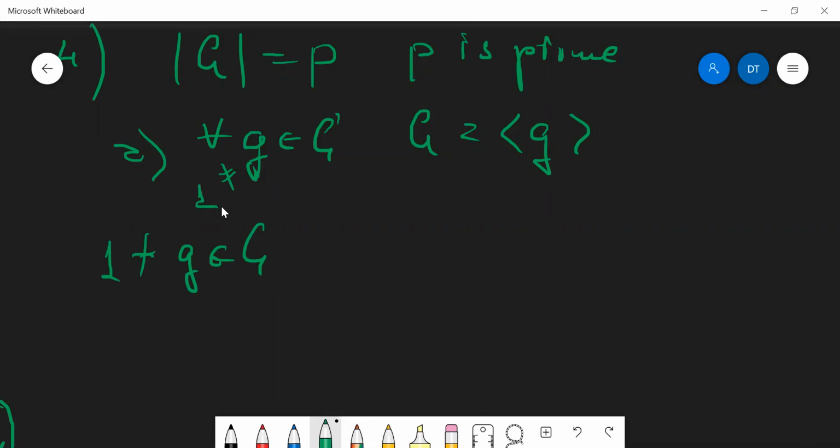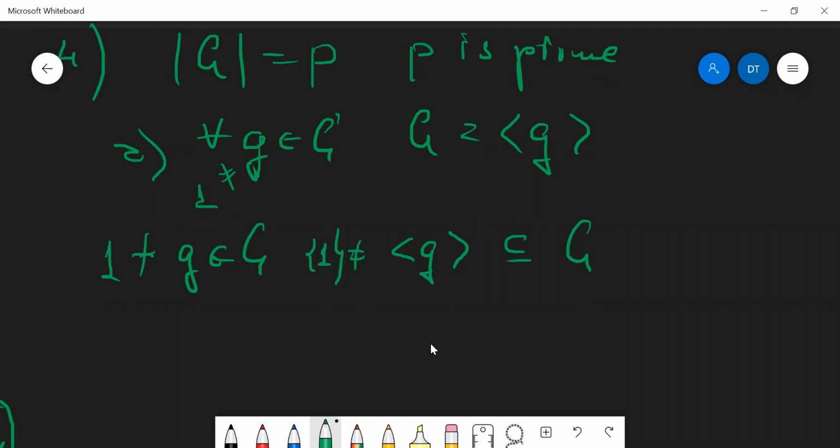Now, I consider the cyclic subgroup generated by this element g. This will be a subgroup of the group G. And we know that this subgroup is not equal to the subgroup containing just the neutral element, because g itself is not neutral, so there are at least 2 elements inside this subgroup. So the number of elements here is not 1.